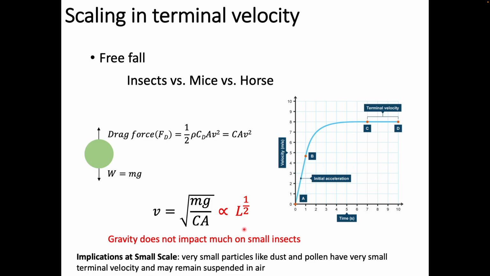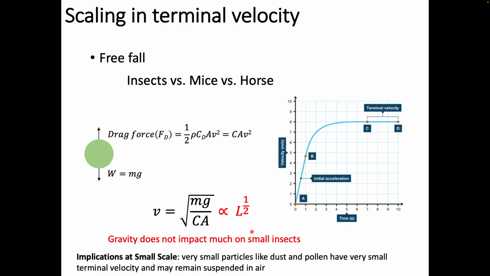So what that means is that the terminal velocity is proportional to L to the power of 1/2, right? As you scale down, what does it mean? Terminal velocity decreases. So gravity does not really impact small insects much. That is why, when insects fall from high, they don't get hurt.